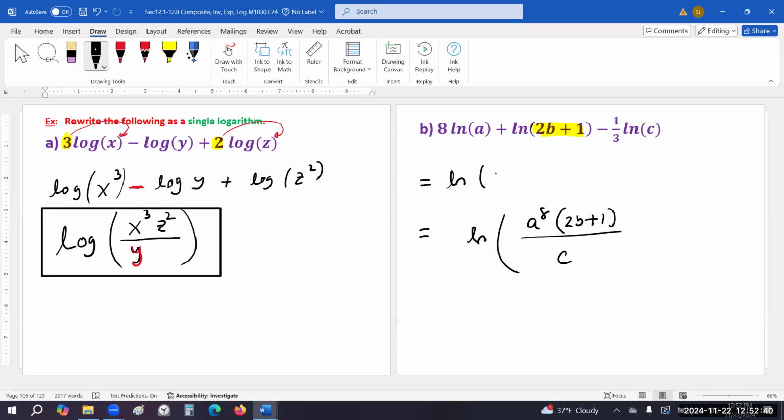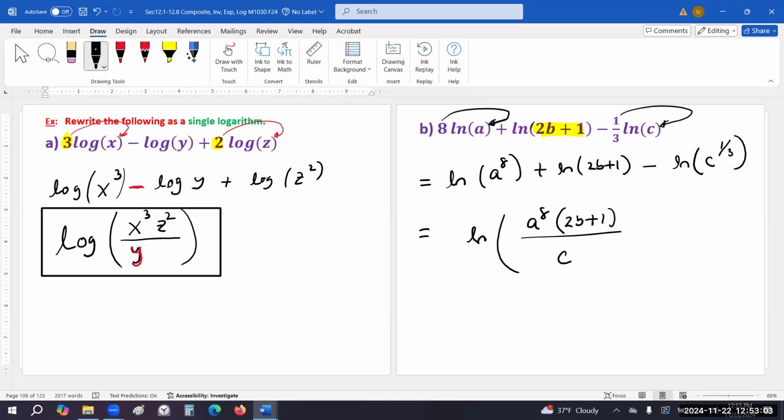So writing the second line is important, where you change every coefficient into an exponent. So 8 to the 8, 2b plus 1, ln of c to the 1/3.